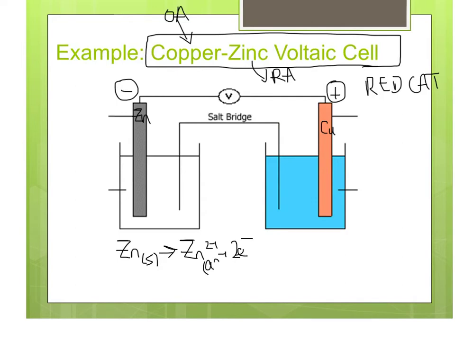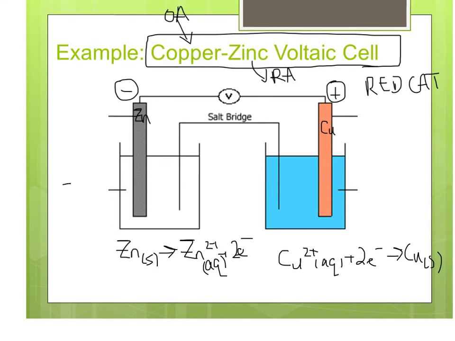Okay, that is our oxidation reaction. And then our reduction reaction, Cu2+ aqueous plus 2 electrons is going to give copper, solid. All right, so this is our zinc electrode and our copper electrode.